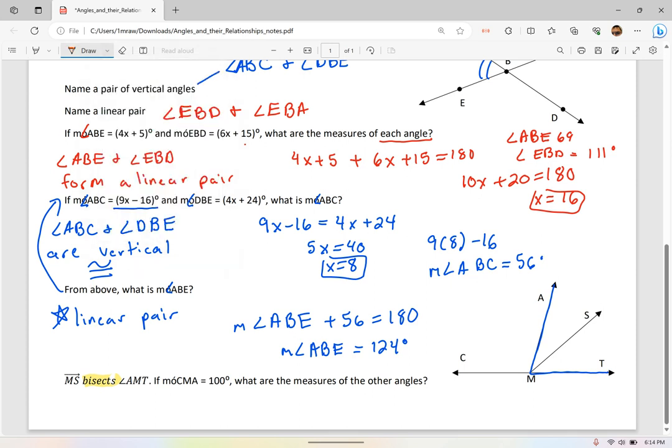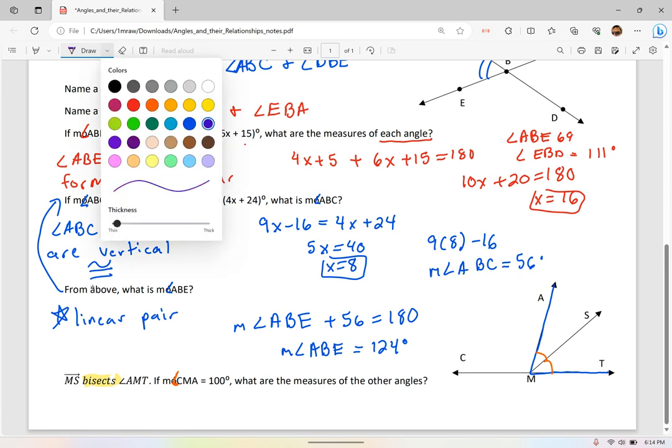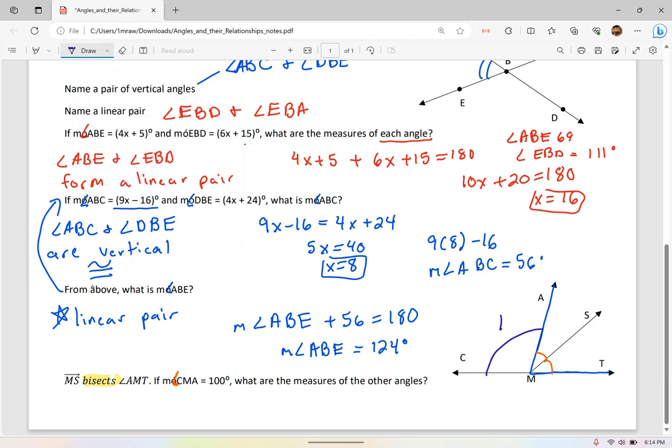We can use these little congruency marks; this angle is congruent to this angle. If the measure of angle CMA, this angle right here, is 100 degrees, what are the measures of the other angles?